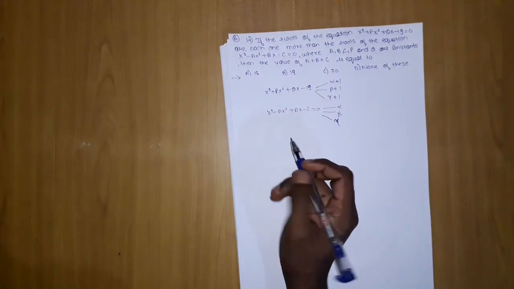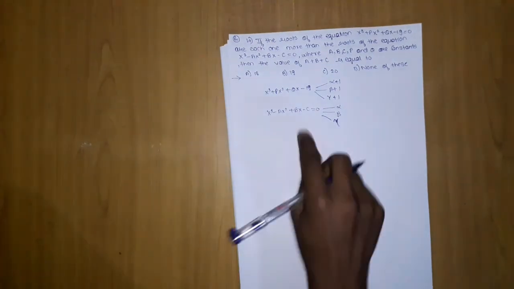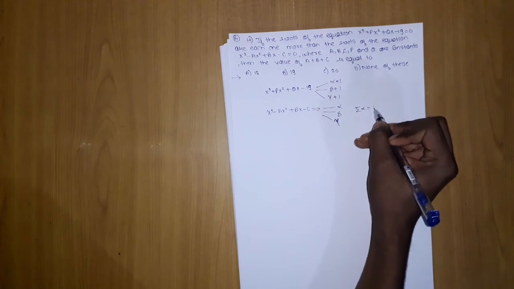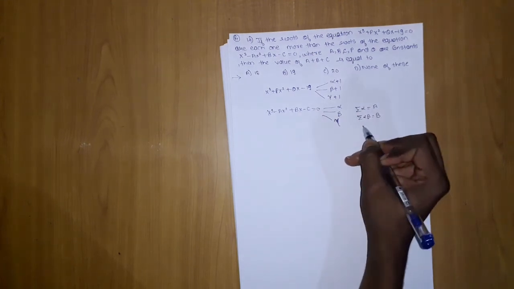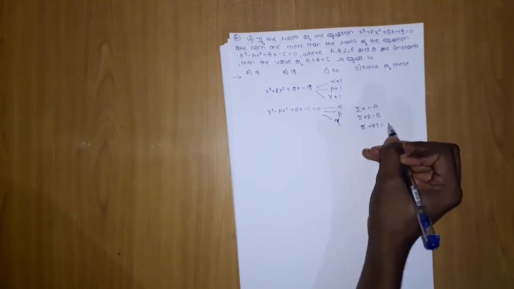now moving further, let's try to get the sum and product of the roots of these equations. This one is easy to get: summation alpha is a, summation alpha beta is b, and alpha beta gamma is c.